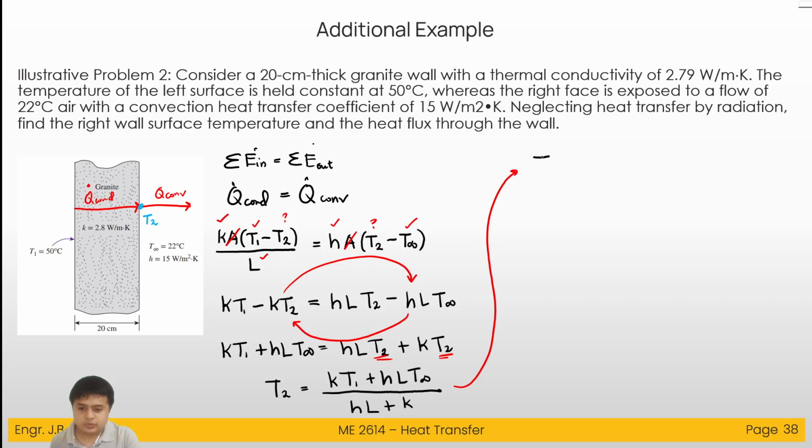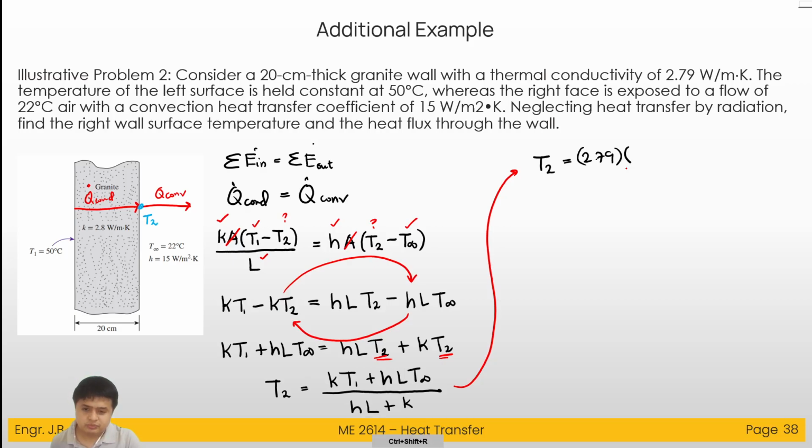So T2 here, we can just do this one by one. I will not show the unit analysis anymore since we want to be consistent with the units available. But you have to do this unit analysis anyway to check if the units are correct. So you have k, we have 2.79. And then you have T1, which is 50 degrees.